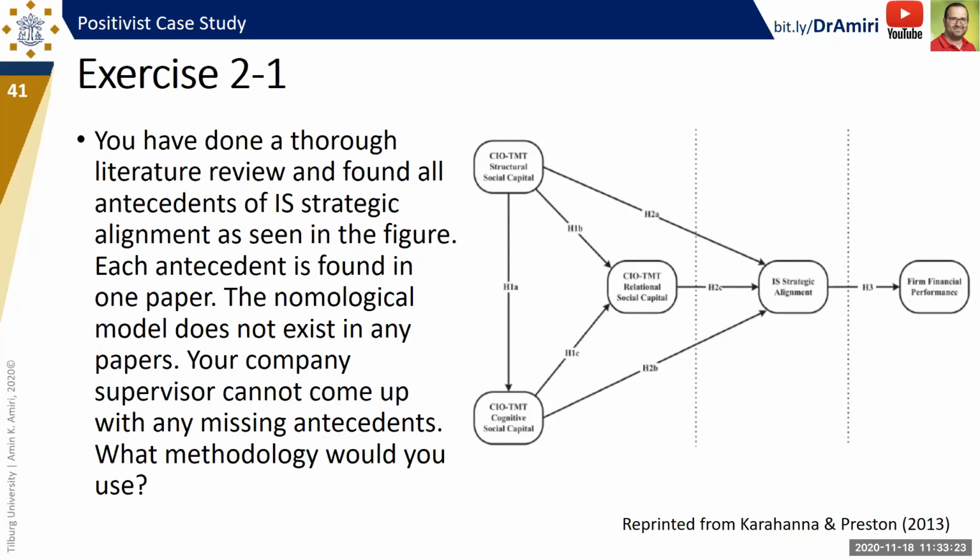Do you have any ideas? Any answers here?